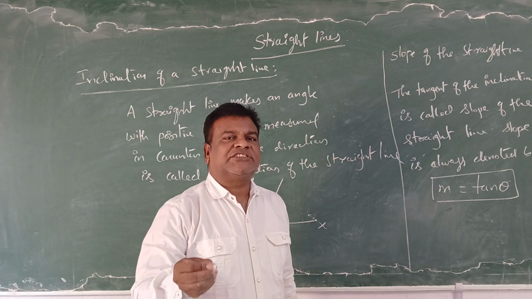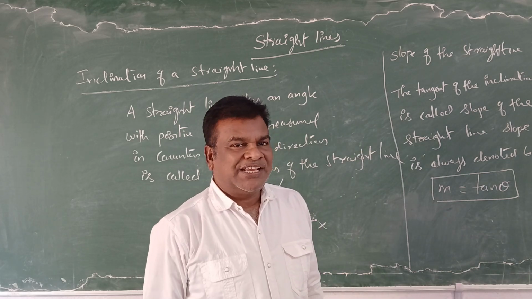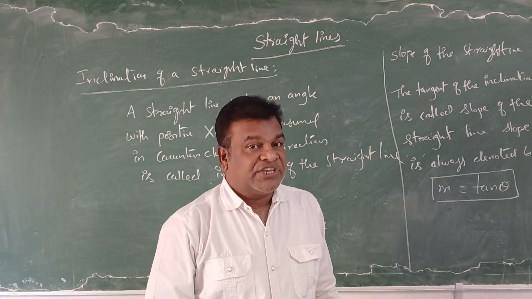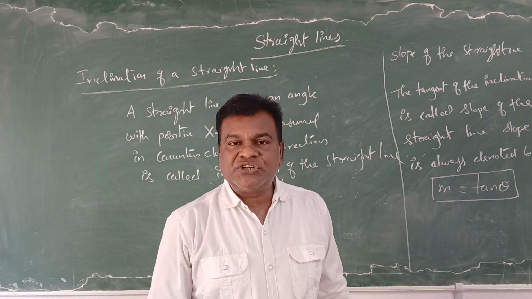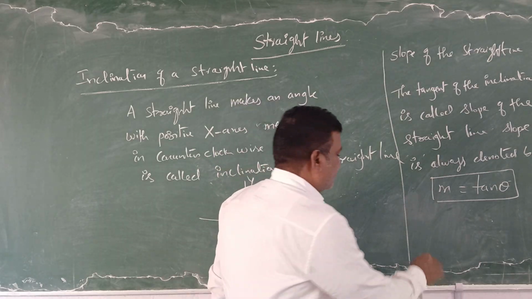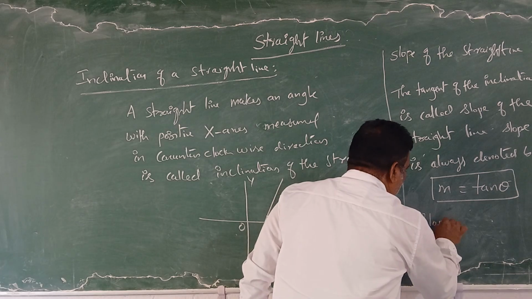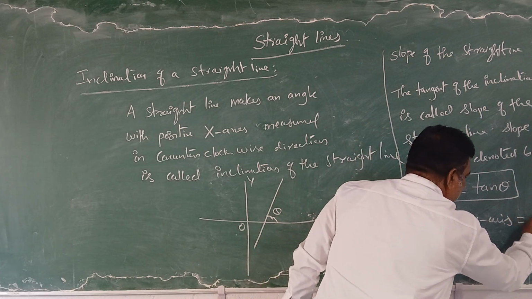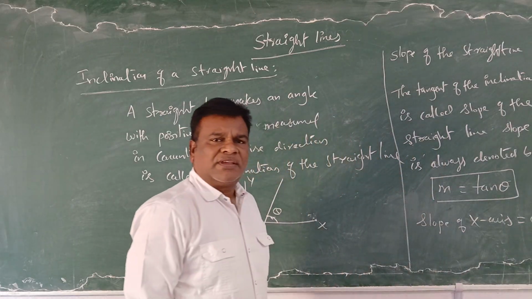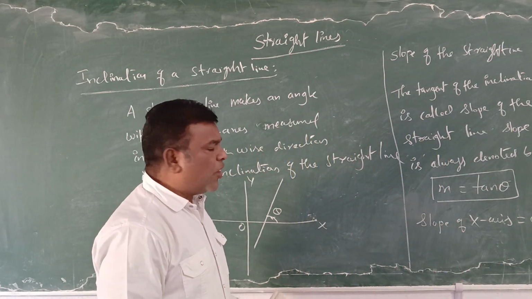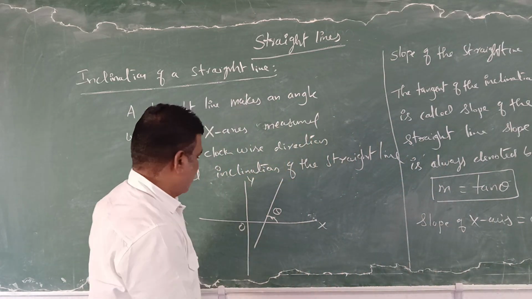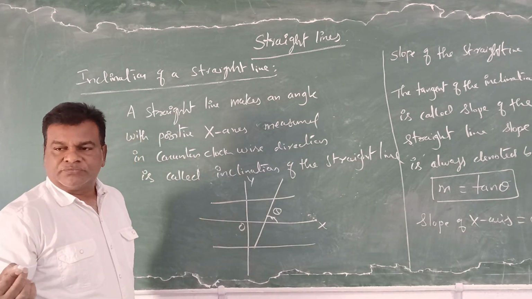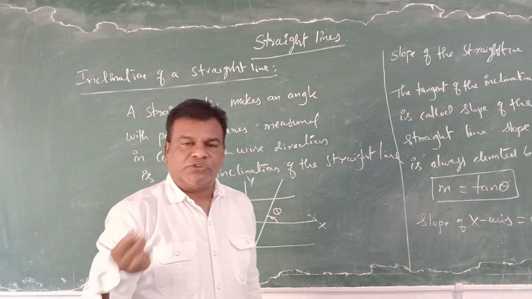The slope of the x-axis is 0, because the inclination of the x-axis itself is 0. Tan 0 is 0. Therefore, the slope of the x-axis is equal to 0. Any horizontal line has slope 0.